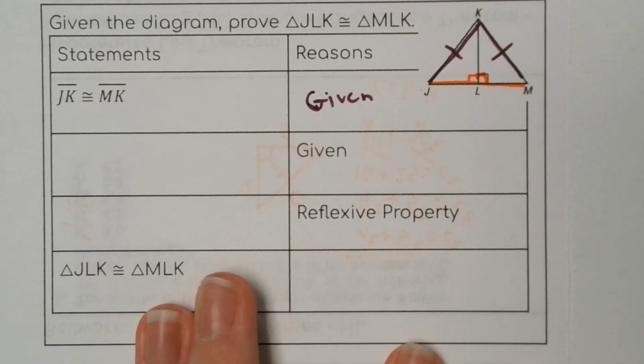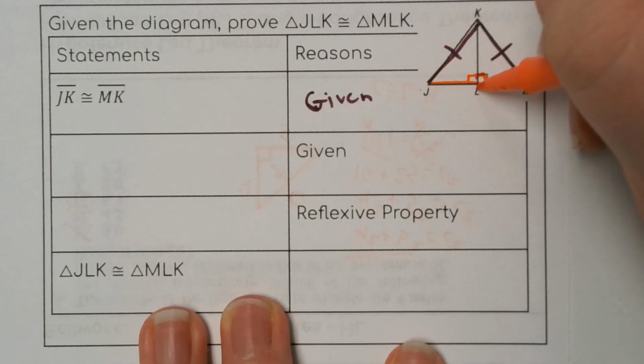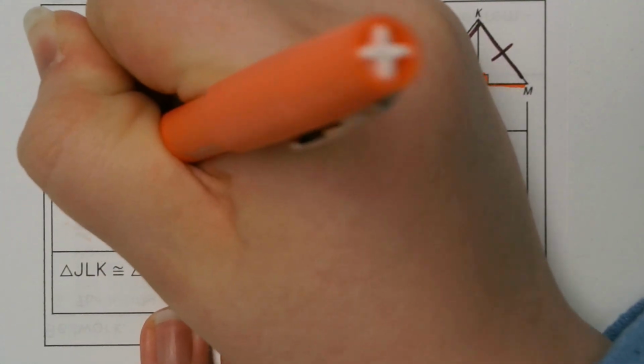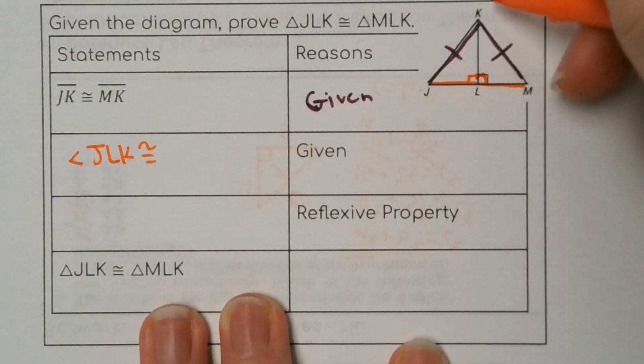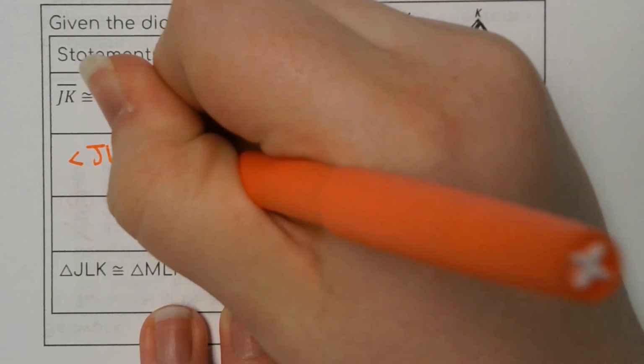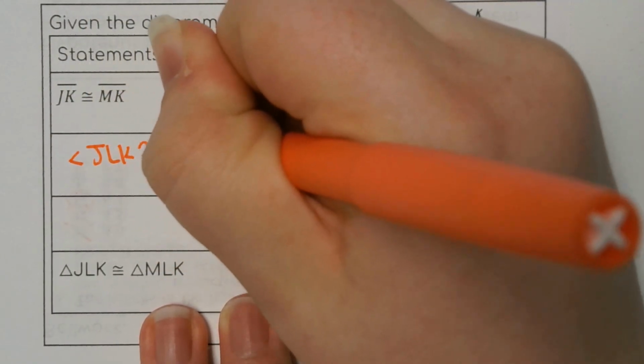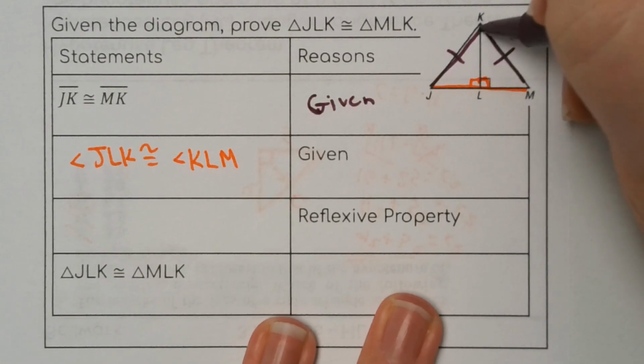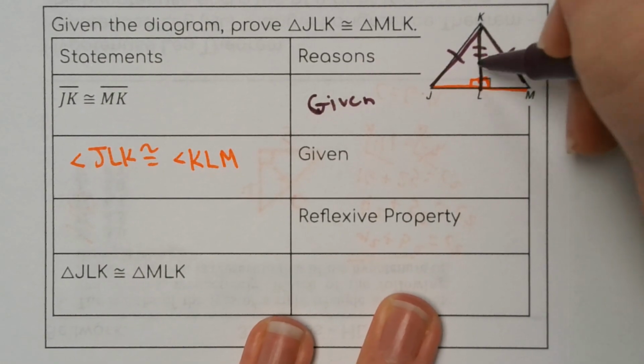90 degrees, right? So angle JLK is congruent to angle KLM. Okay, and then it tells us to use the reflexive property, which right here is where our shared side is.